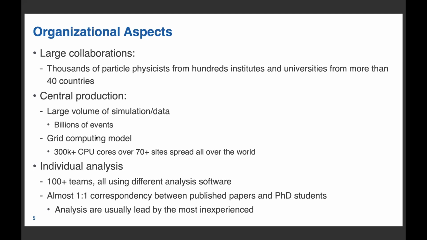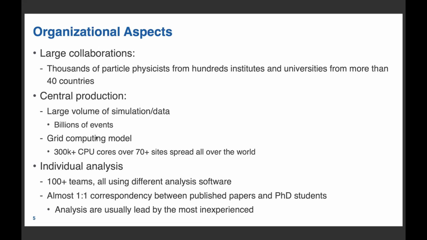I'm a CMS member. Similar numbers apply to the ATLAS experiment, so other large collaborations that work at the LHC. We're talking about thousands of particle physicists from hundreds of institutes from more than 40 countries all around the world. Central production handles a large volume of both data and simulation, talking about billions of events.